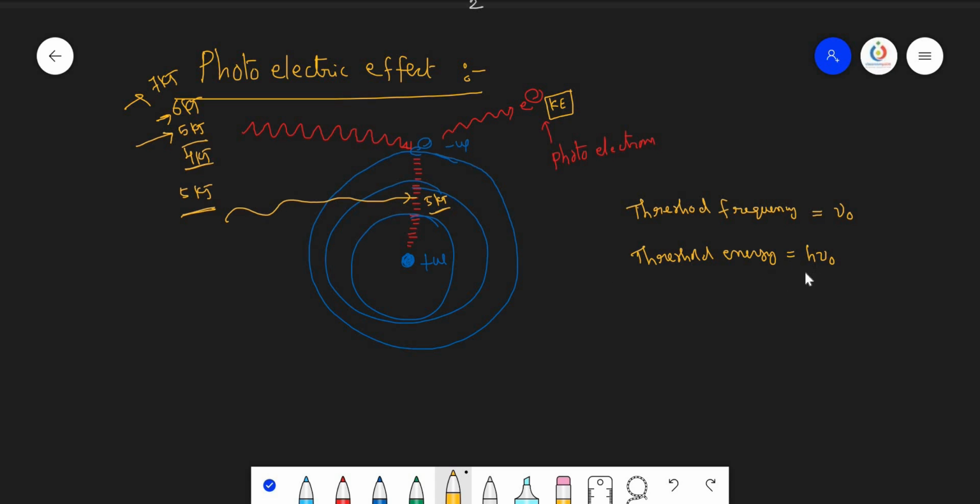To get the threshold energy, the frequency has to be multiplied with Planck's constant. Threshold energy and frequency are different. The minimum frequency required to remove the electron from the clean metal surface is the threshold frequency, and the energy associated with that light is the threshold energy.